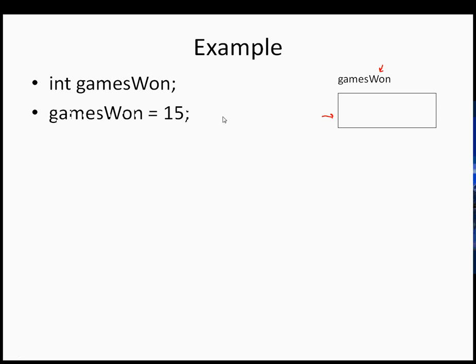And then the next thing the compiler is going to see is the next line down, and at that point 15 is assigned to games1, and so it puts that value inside games1. So this is what's going on right here. This is what's going on inside the computer's memory. If you don't see this on the screen, it's in the background.